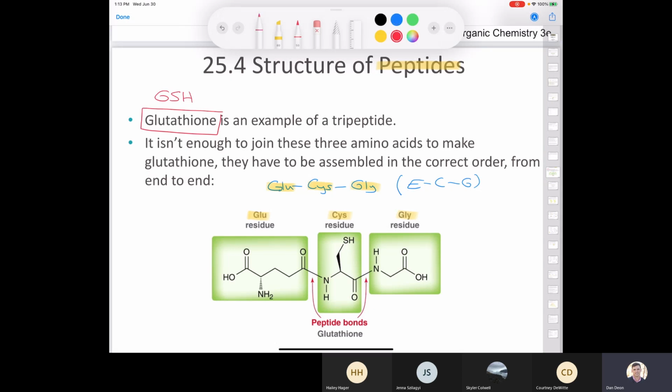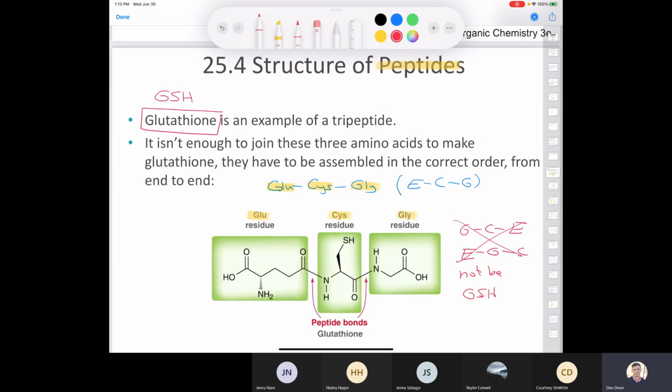Anyhow, what I'm saying is this: if this is the correct sequence of the amino acids, and you were to just mix them like this, or if you had this, these would not be glutathione.